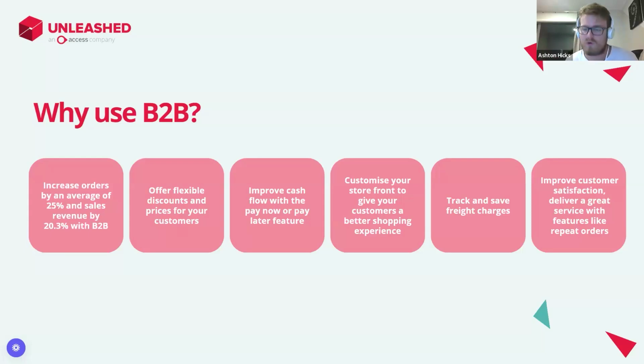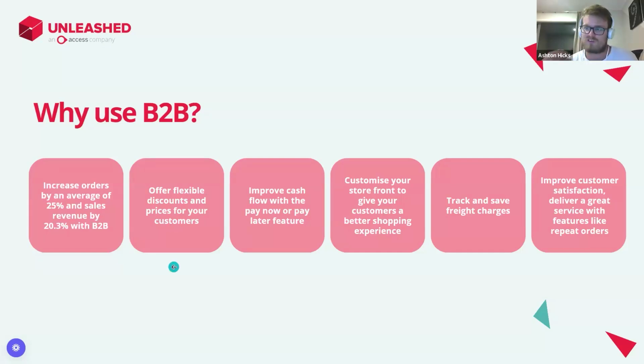They can log into the store, order themselves, and then that order will come directly to your Unleashed, and you know exactly what they're ordering and how to action it. It's a way more direct way of getting your customers to order from you, and that's why you see that increase in sales revenue, as well as order frequency in general, because they're going to have a lot more time on their hands to order rather than having to go through a lot of back and forth communication between the two departments.